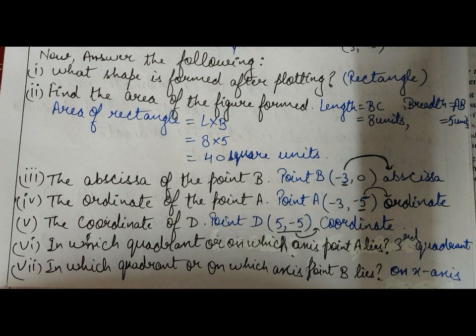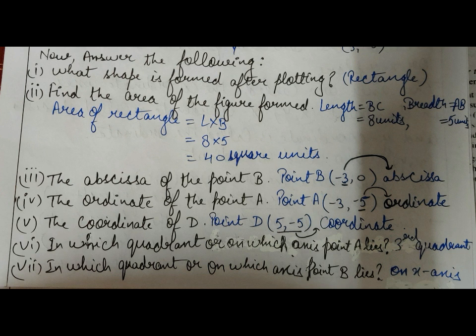Then come to the third question, that is, the abscissa of the point B. Point B here is (-3, 0). Now we will tell which one is the abscissa. Here -3 is the abscissa.